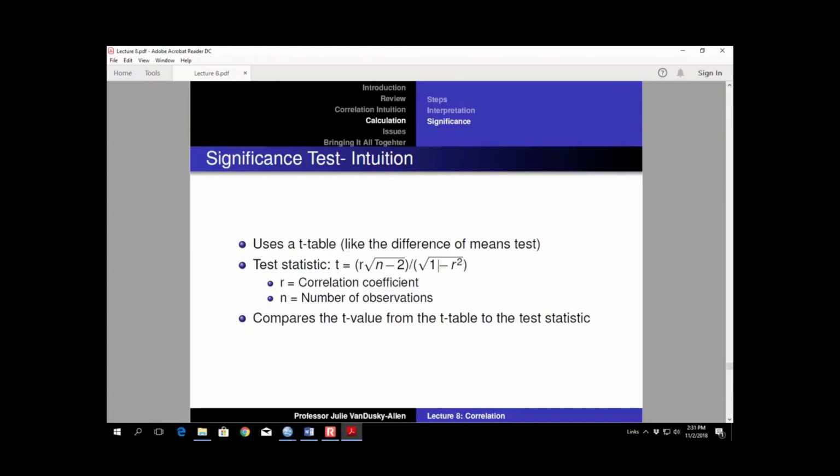If this t-value is greater than the t-value from the t-table for a positive relationship, or less than the negative t-value from the t-table for a negative relationship, the null hypothesis is rejected. If not, then the null hypothesis is not rejected.